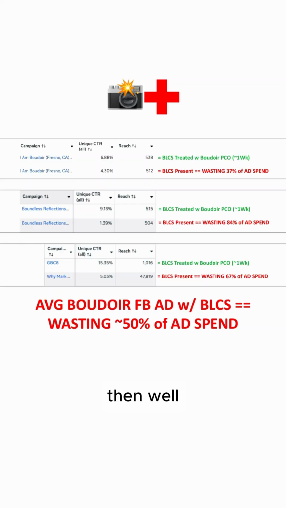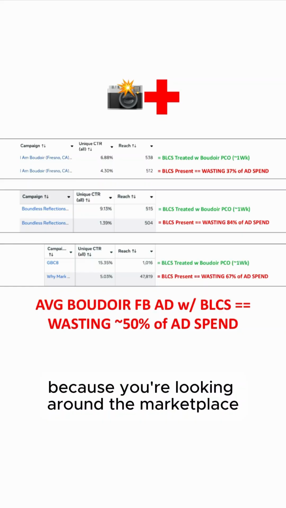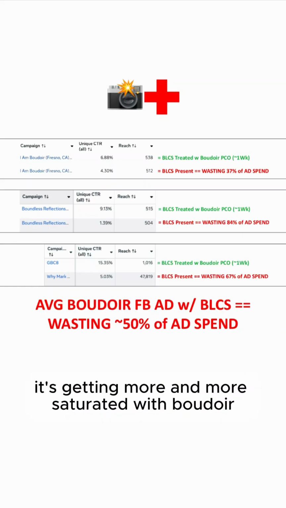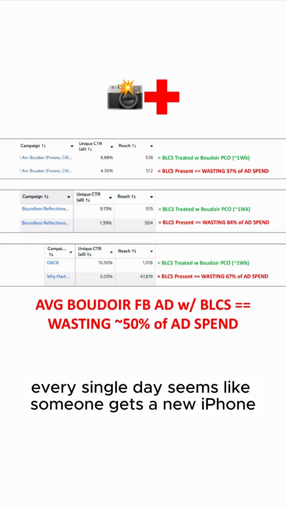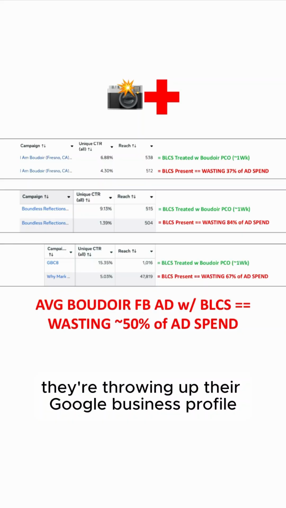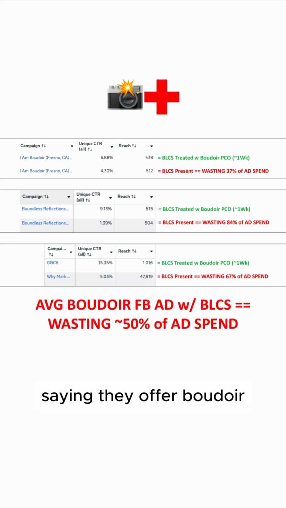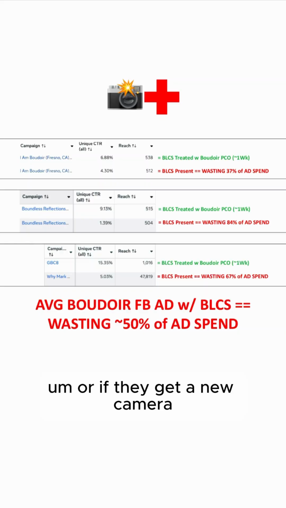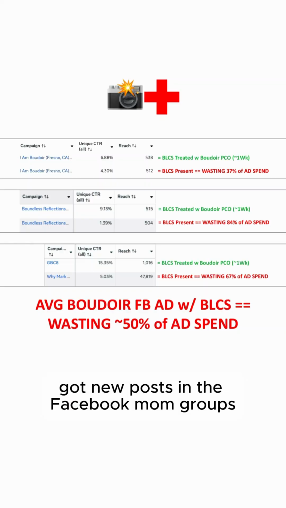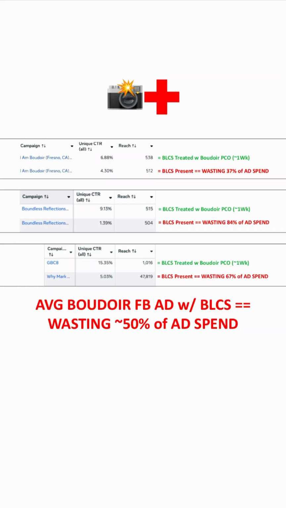Then, because you're looking around the marketplace, it's getting more and more saturated with Boudoir photographers every single day. Seems like someone gets a new iPhone, they're throwing up their Google business profile saying they offer Boudoir, or if they get a new camera, there are new posts in the Facebook mom groups saying they offer Boudoir.